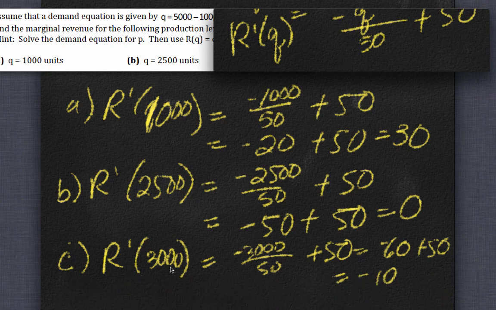So at a production level of 3,000, if I continue making more items, then I'm actually going to have less revenue, which doesn't bode well for my profit at all. So this is a maximum here. There's a maximum at this 25 price, 2,500 quantity thing. So that is it for the umpteenth time for 4.1.